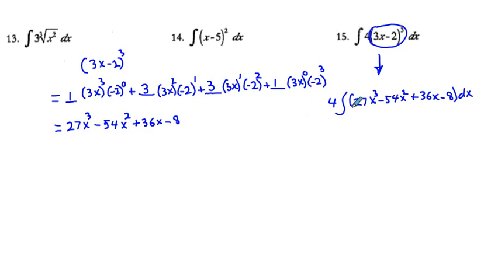Okay, now we can just work all this together. So just writing these out individually, we're going to have 4 times all of these. So 4 times 27, I believe that's going to be 108.